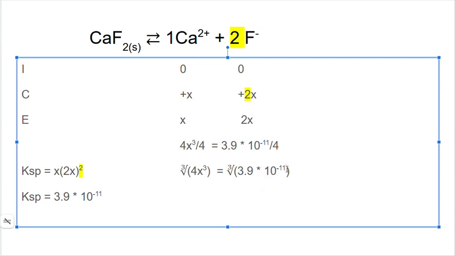And so now I have 3.9 times 10 to the negative 11th, that value divided by 4.